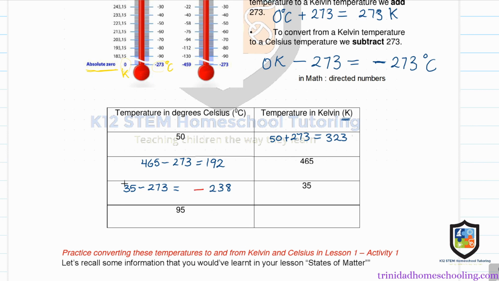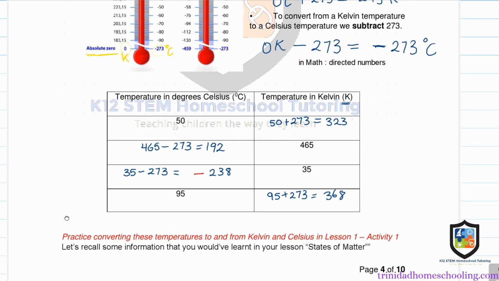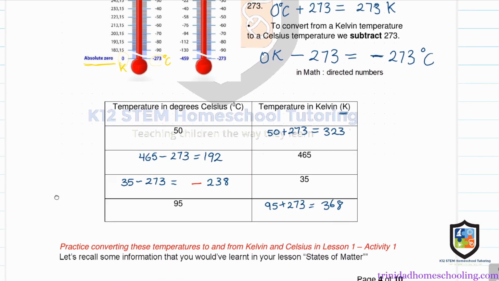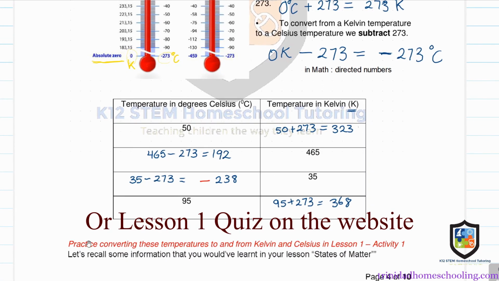Okay, so 35 minus 273 is equal to minus 238. Now we are changing 95 degrees to kelvins, and to do that the rule says to add 273, and here we will get 368 kelvins.